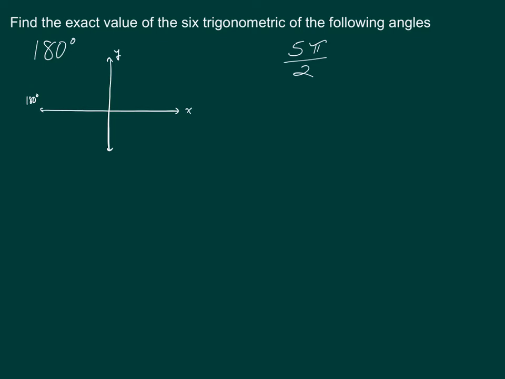So what you can think of it like this. I'm going to put a very little triangle here. Now mind you, 180 degrees is on the x-axis, but I'm putting this little triangle here to give a little bit of representation about what's happening.